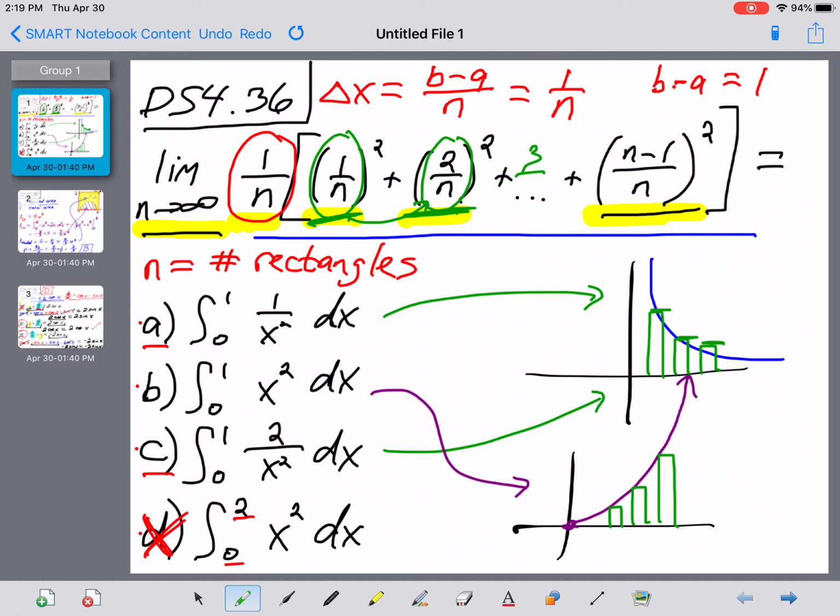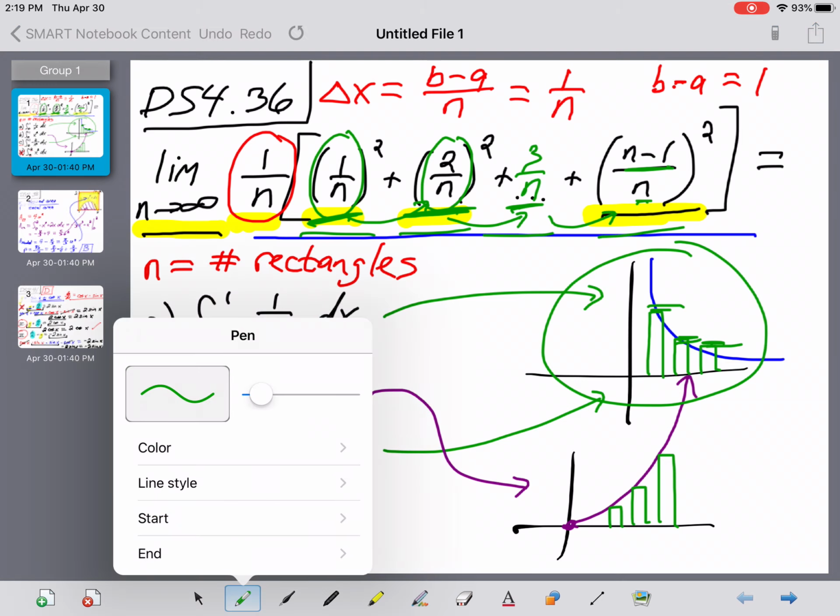And likewise, the 3 over n would be even higher than that. And eventually, the n minus 1 is going to be very close to that n value. That's going to be even higher. So every time we move from left to right, the heights of our rectangles got bigger each time. In both A and C, your heights are getting lower as you move from left to right.